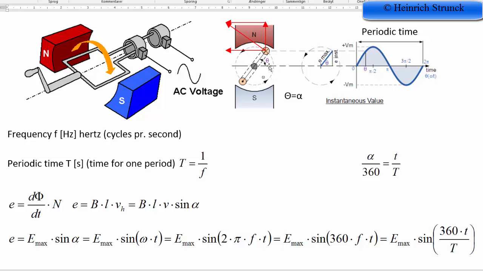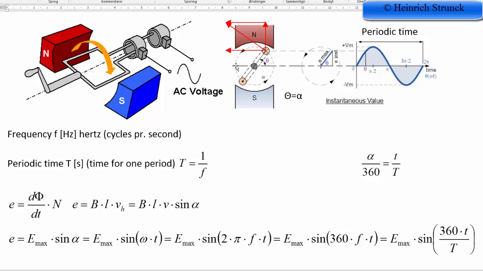And for example, when a wire is exactly here at 0 degree and is going upwards, we don't cross any magnetic field lines, so the voltage is 0 right now. We can also see over here, at 0 degree the voltage is 0. Then we reach 90 degree and the voltage is positive maximum.